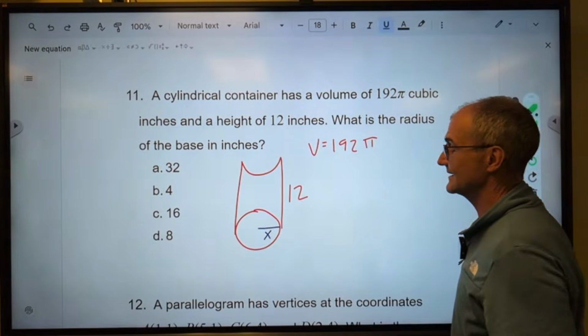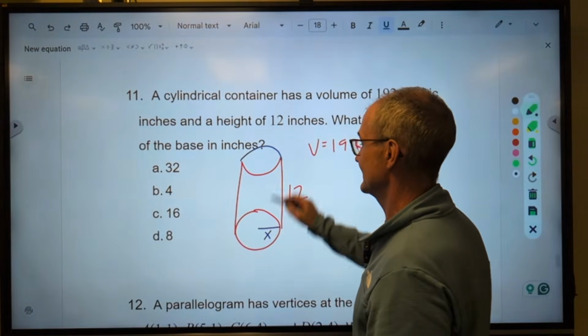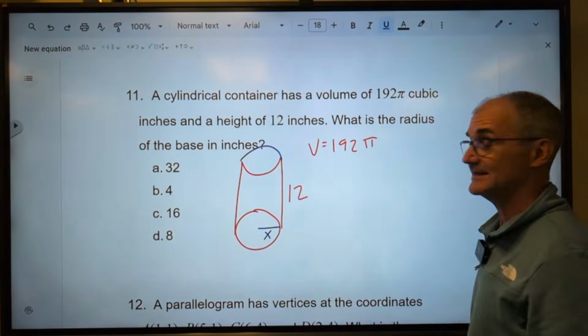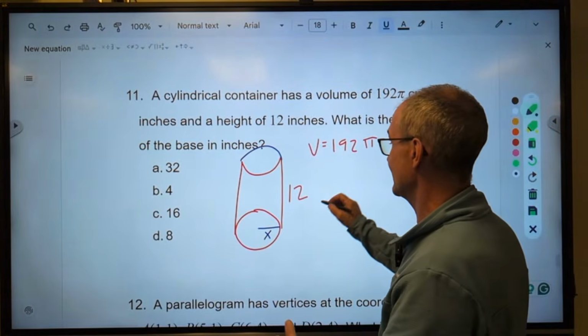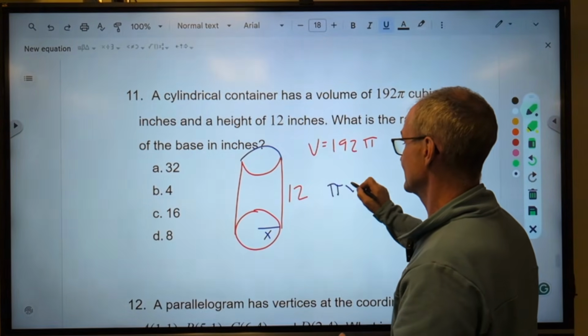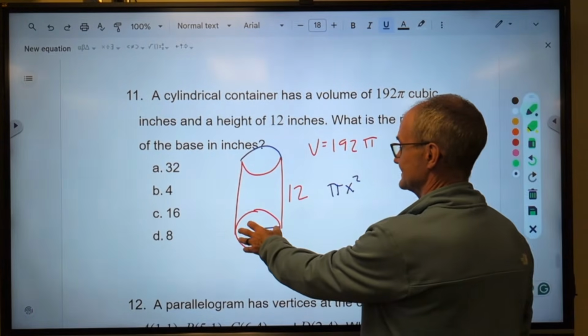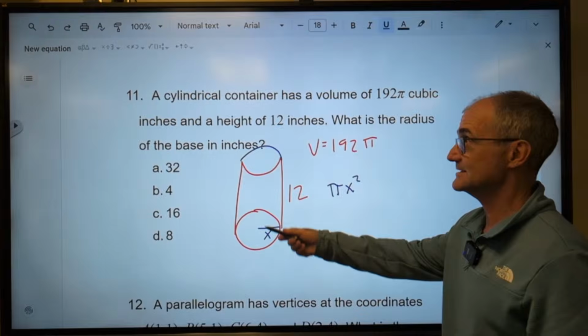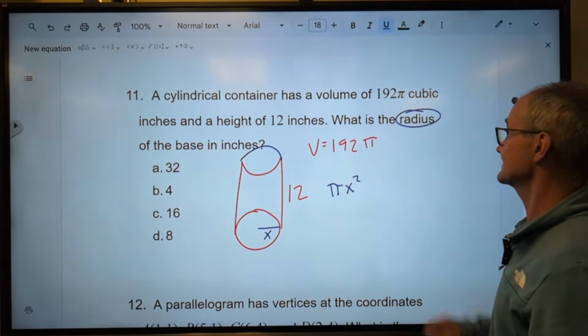I'm looking for that. Well, I know the volume of a cylinder is base area times height. Base area is a circle. It is going to be pi r squared. My base area is that circle. I don't know what my radius is. That's what I'm asking for, right? That's what the question is asking for.